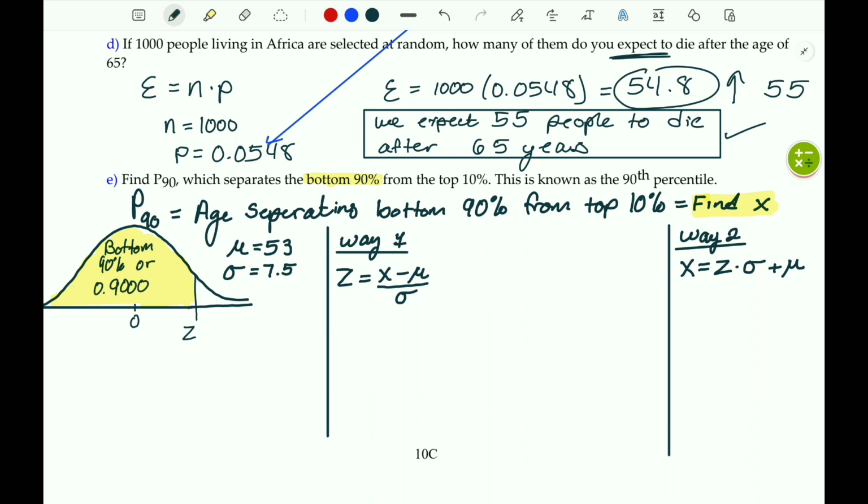Just add 2 more zeros. To find the z-score, we have to find z first. We must go into the body of our standard normal distribution table in order to find the z-score. So I'm going to write here, find z that represents 0.9000 to the left.